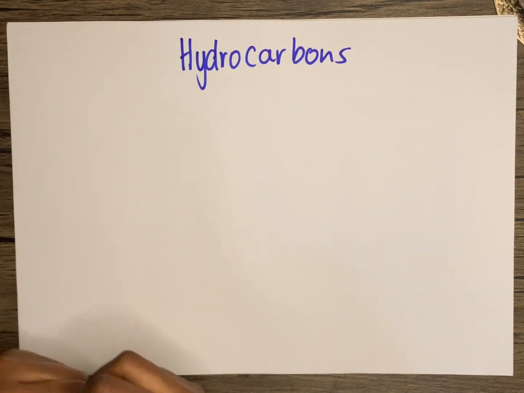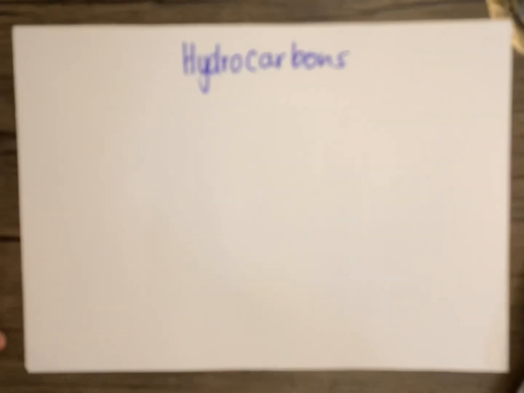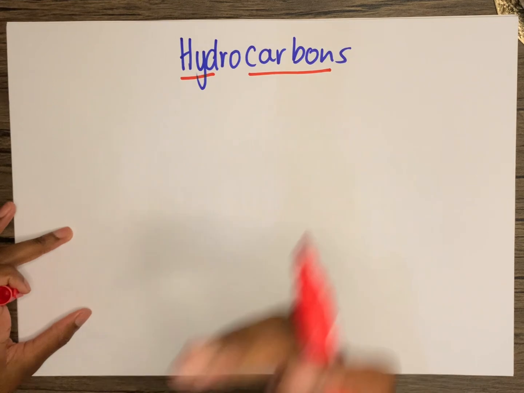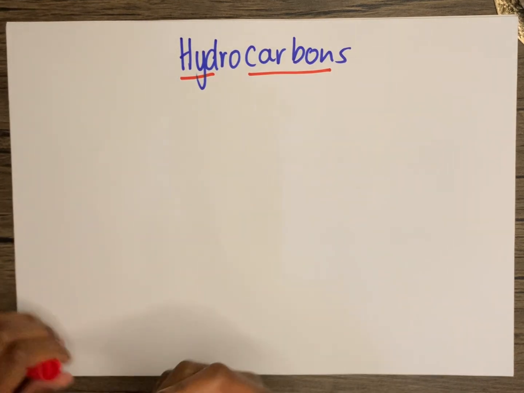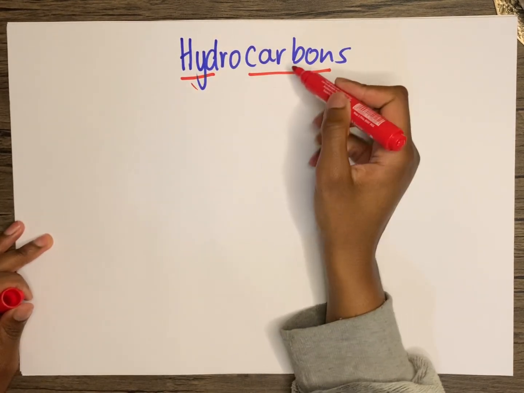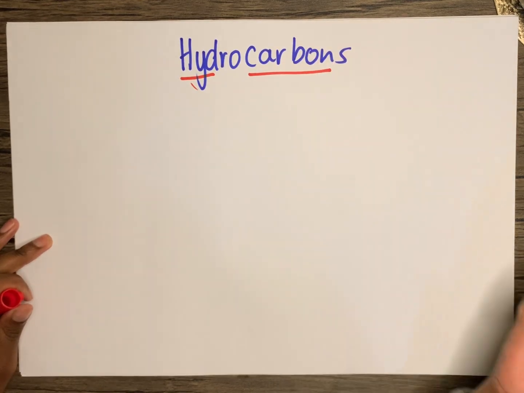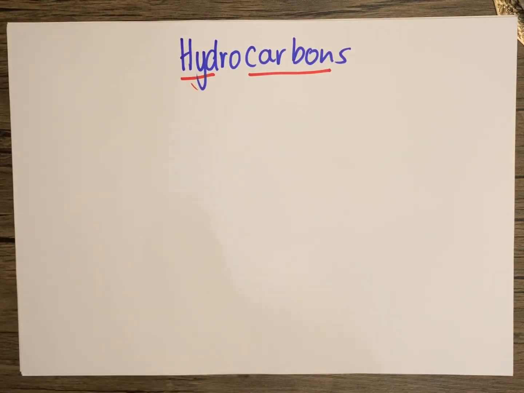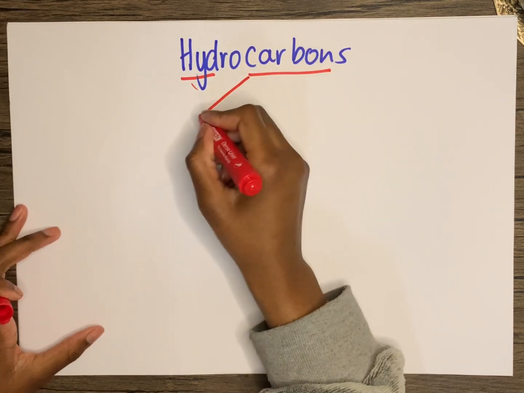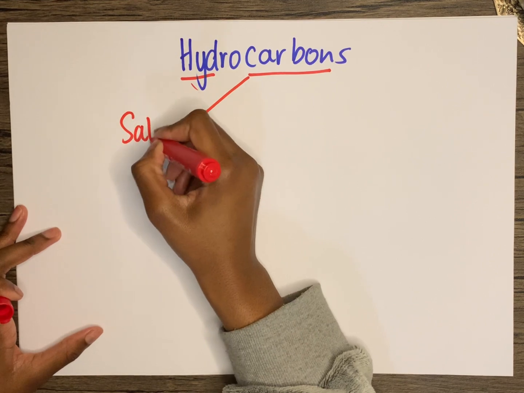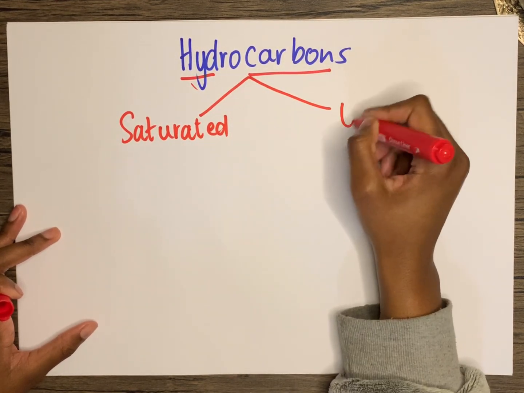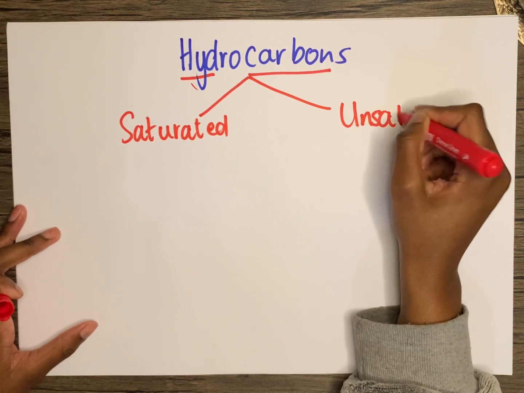If I was to break the word down, hydrocarbons, these molecules only contain hydrogen and carbon in their structure. We can classify them into two main types. We can have what we call saturated and unsaturated hydrocarbons.